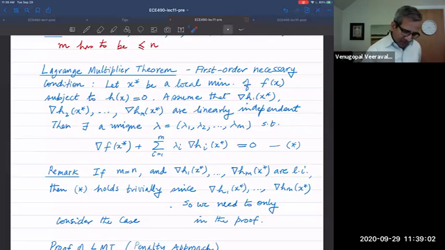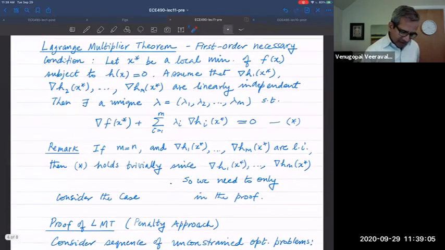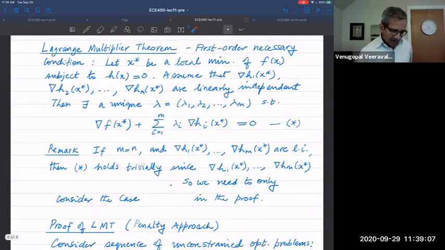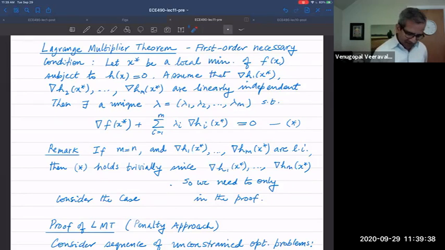Okay, so before we get to the proof, let's have another side remark here. What if little m were equal to n, and these are linearly independent? Then this equation holds trivially, I claim, because the gradients of the h's are linearly independent, and there are n of them, and they're n-dimensional vectors. They form a basis for Rn.